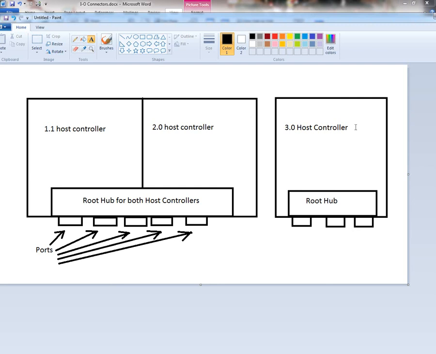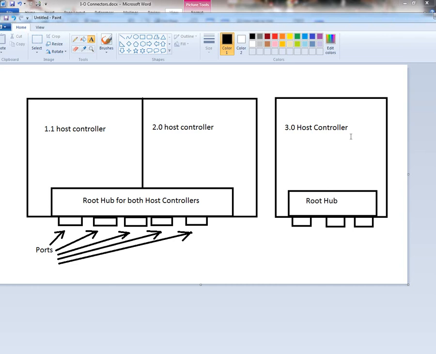Now, with the 3.0 host controller, the root hub doesn't share with this, because this is actually a full duplex technology now, which is excellent. So it's managed a little bit different. This other one with the half duplex, it's actually called a master-slave technology. The host controller is the master, device is the slave, so the master is controlling how data transmission happens.